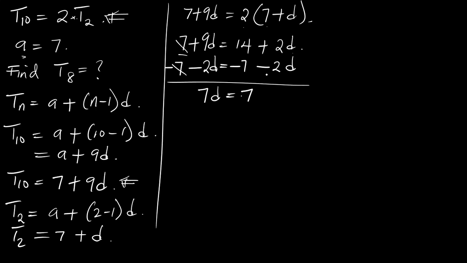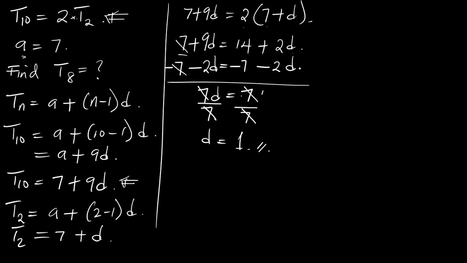Then plus 2d minus 2d will give me nothing. Now I have 7d equal to 7. If you divide both sides by 7, this 7 will cancel out, you have 1. So that means d is equal to 1. So we've gotten our d to be equal to 1.